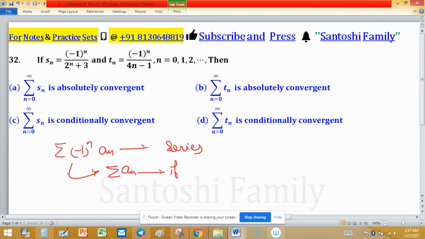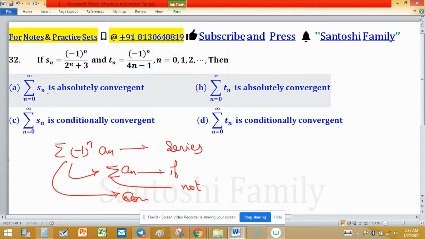It is conditionally convergent when the original series is convergent but the absolute series is not convergent. So if option A is true, then C will be false. If option B is true, then D will be false, because one says absolutely convergent and the other says conditionally convergent.